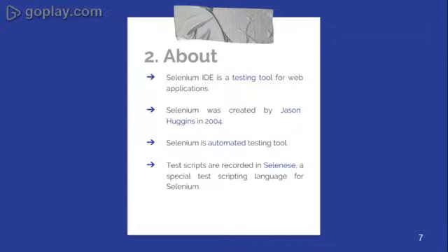Selenium is not only an automated testing tool, it also supports manual testing, which is performed by a specific person. So why do we use manual testing when we have test automation? For example, there may be situations where the application user interface will change considerably in the near future, and then any automation needs to be rewritten.